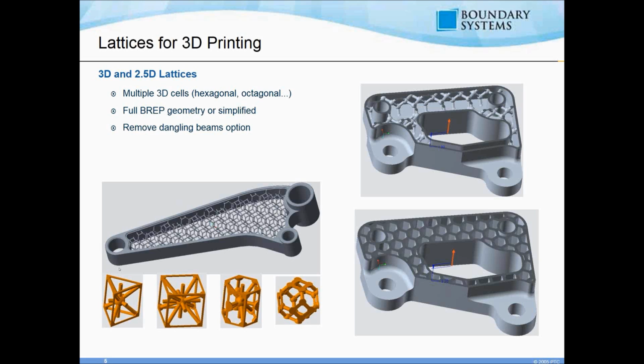Now, the first feature we'll highlight is the lattices for 3D printing. As we all know, 3D printing is almost like a new manufacturing wave or revolution that's sweeping the industry. With every week that passes, there's some new technology that can build things even better.